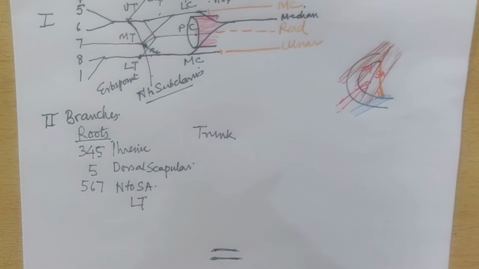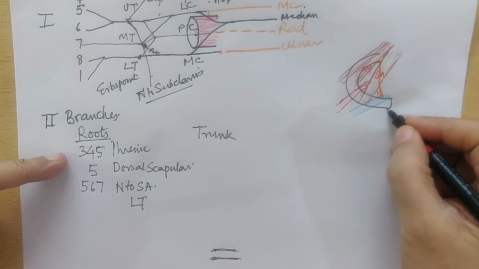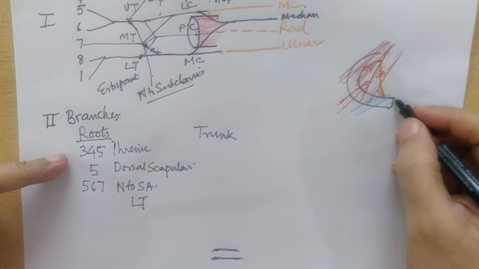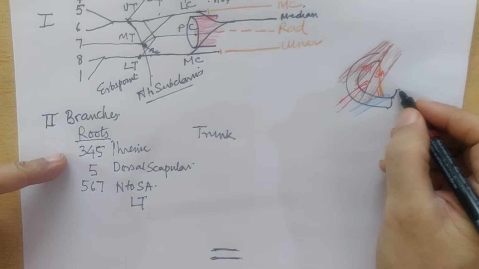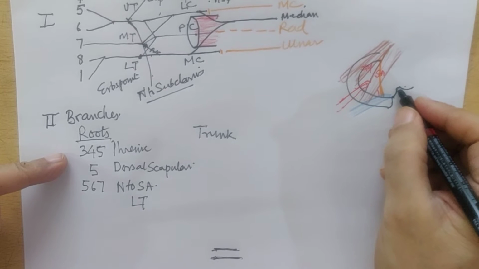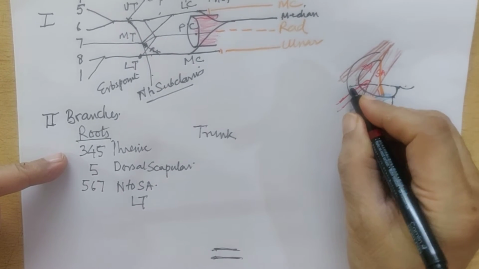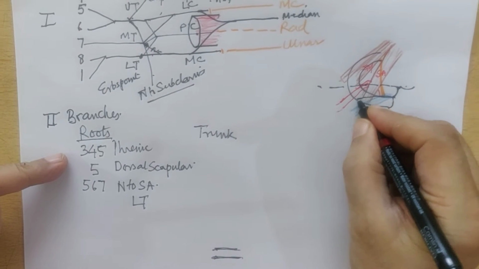Alright. And the first rib is articulating with the sternum, and above the sternum, this is the suprasternal notch, above the sternum is articulating with the clavicle like this.